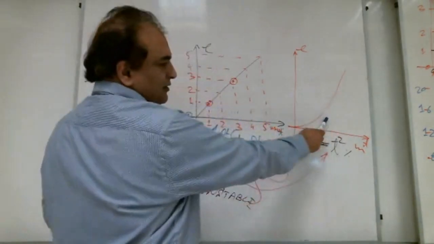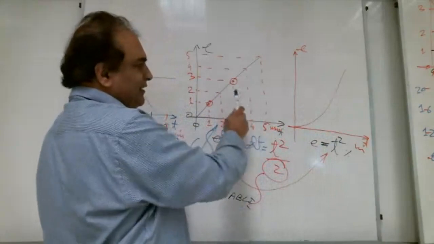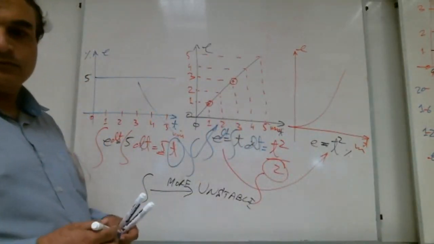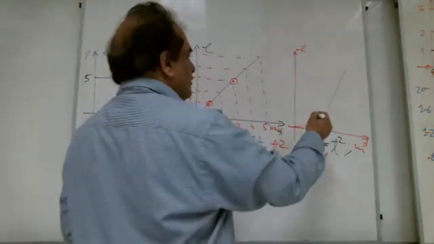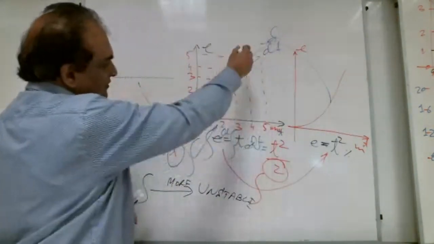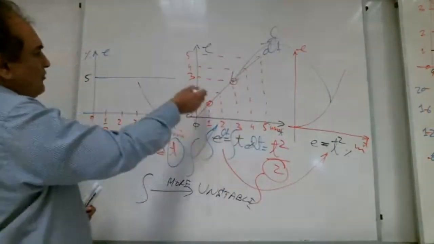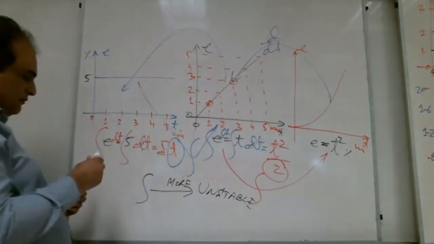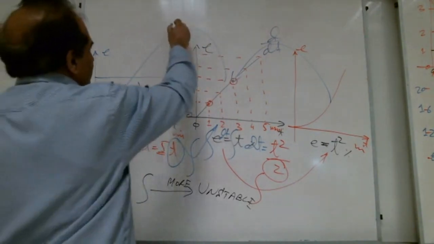This is given. T square is given. We want to bring the t. What do we need to do? Derivative, teacher. Very good. We need to do derivative. And if we are given t, changing t, we want to bring constant. What do we need to do? Again derivative.